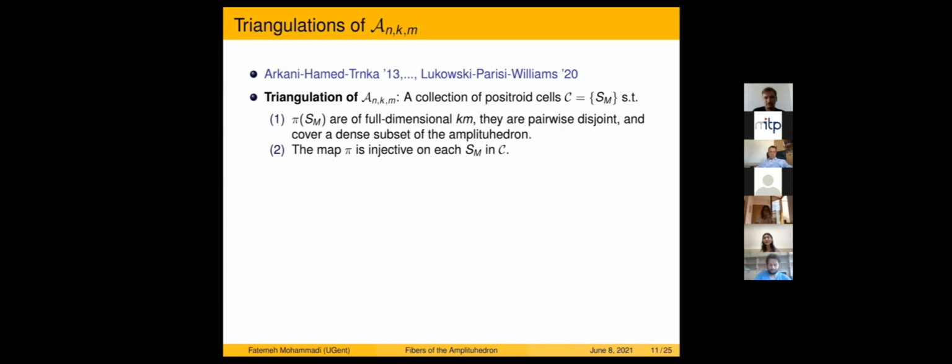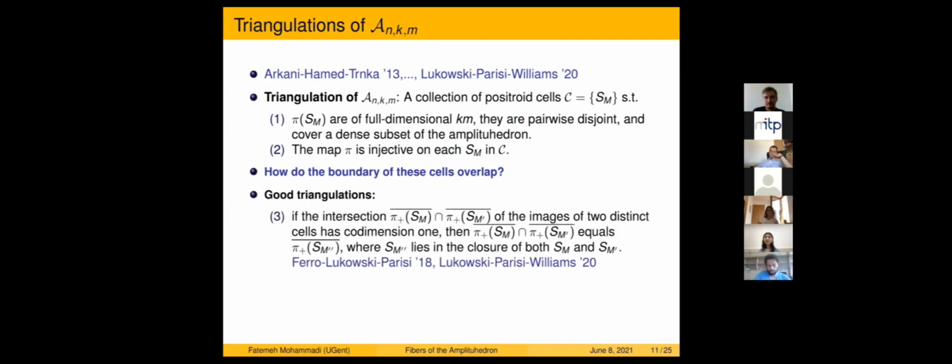Okay, so now the question is, in the polytope case, whenever you were looking at the different sub-polytopes covering the polytope as a subdivision, we also had the property that whenever two of them overlap, the overlap should be along a common face of these two sub-polytopes. So here you can ask, what does it mean for two cells to overlap or to have a common boundary? This definition has been made precise by looking into good triangulations.